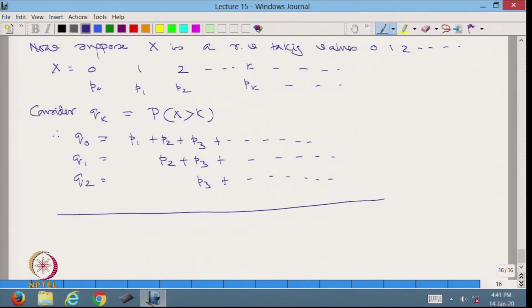Like that, if we sum, then we get sigma q_i, i is equal to 0 to infinity, is equal to 1 times p1 plus 2 times p2 plus 3 times p3 plus k times pk plus up to infinity. This is nothing but expected value of x.